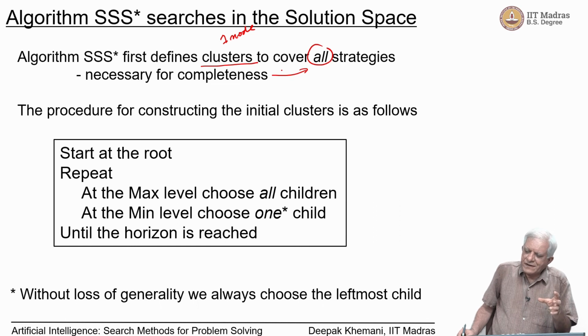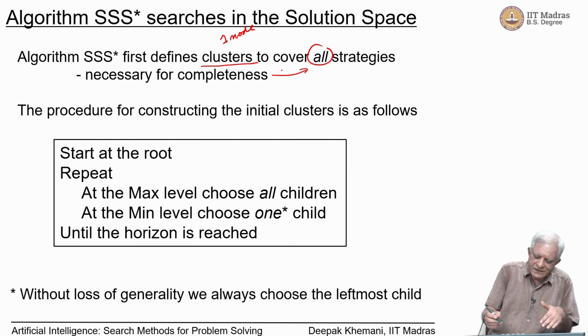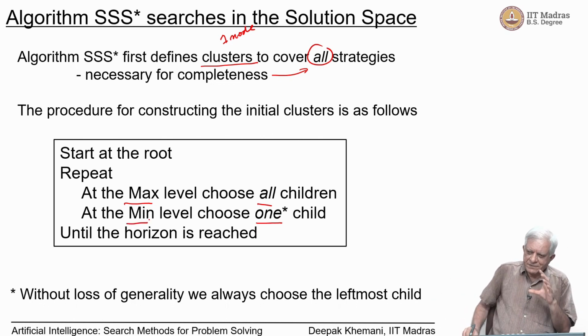Now, you can see that this is the opposite of the definition of a strategy. We are also constructing a subtree, but in our subtree we are choosing all children at the max level, and we are choosing one child at the min level. Whereas a strategy, if you remember, is a subtree in which you choose one child at the max level and all children for the min level.